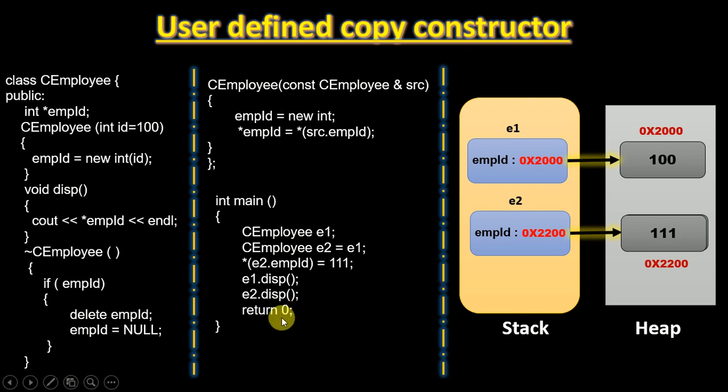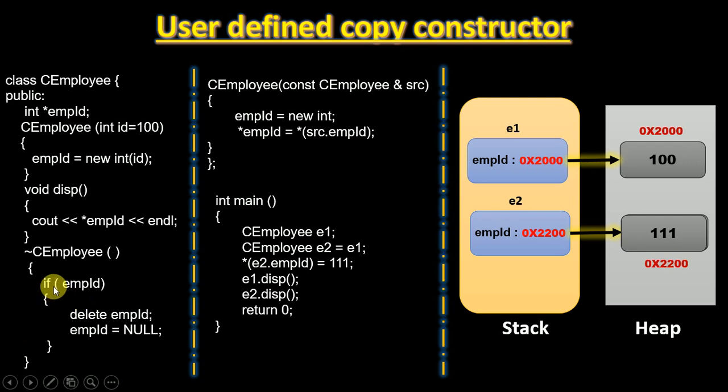When I say return 0, what will happen? The objects created in this stack memory will be deleted in last in, first out order. The last in is E2, so first E2 will be destroyed, then E1. Before an object is destroyed, the destructor will be called. So what is there in the destructor?